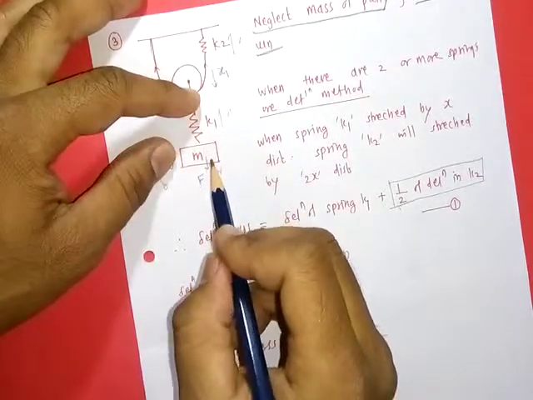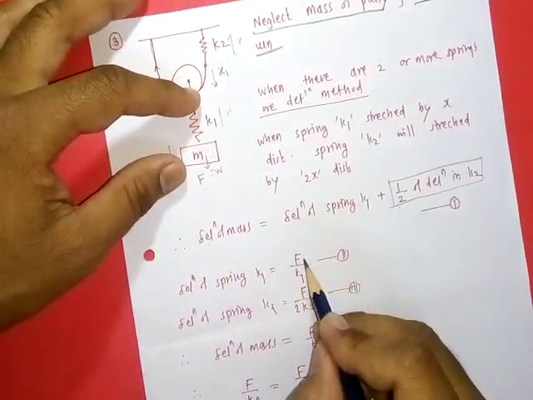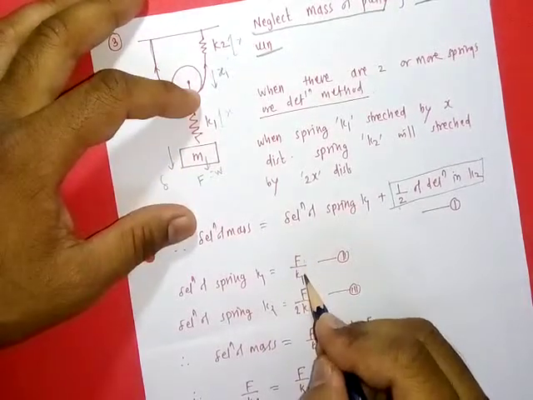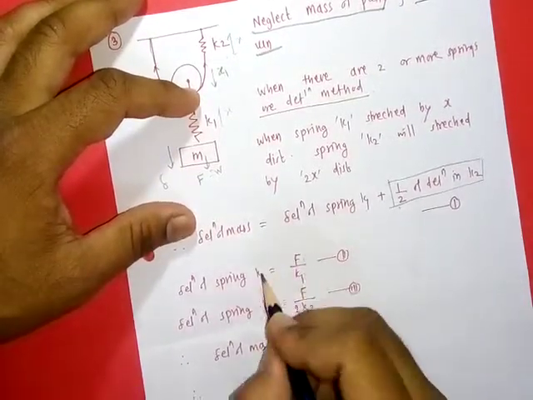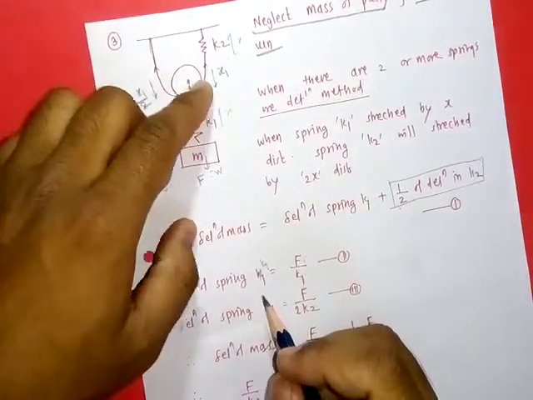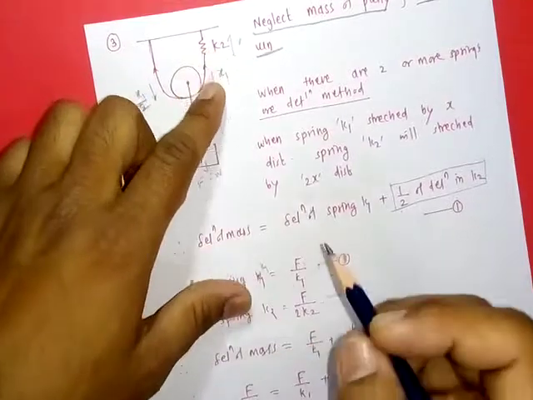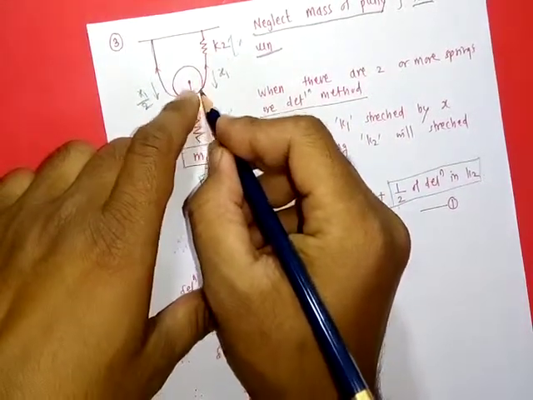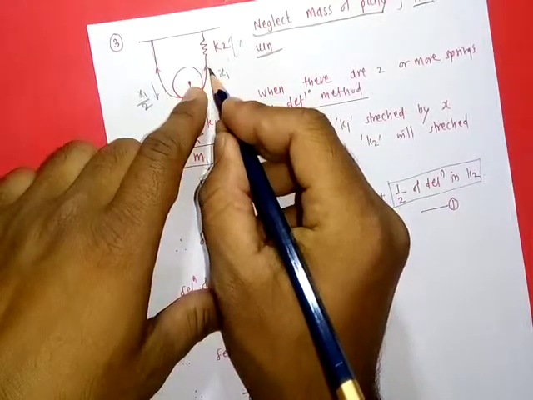Then deformation is equal to force per spring constant, that is F upon K1, which is the deflection in spring K1. Then if you consider this spring K2, here the weight is attached to this pulley and this pulley is supported by two strings.